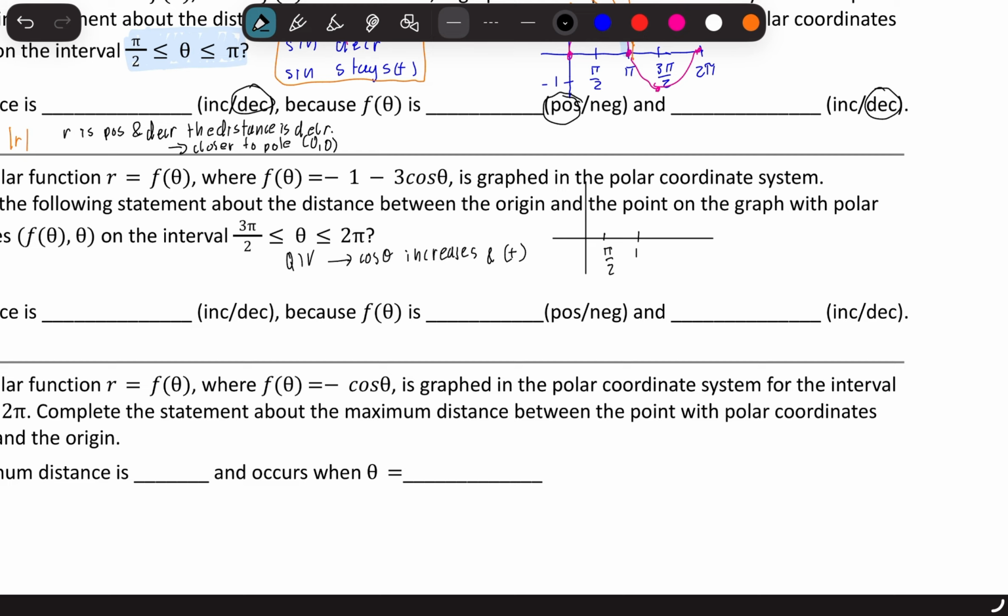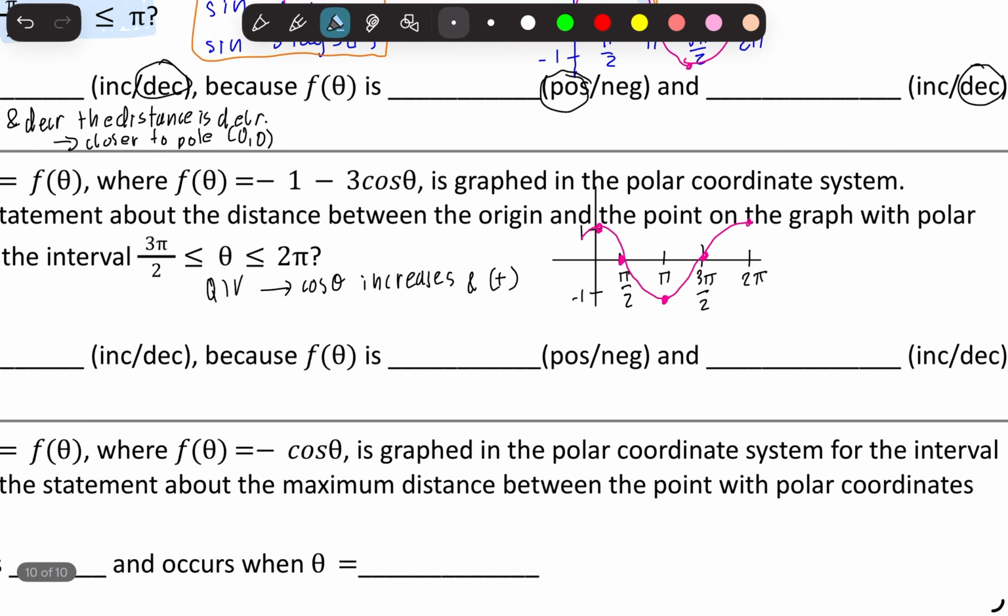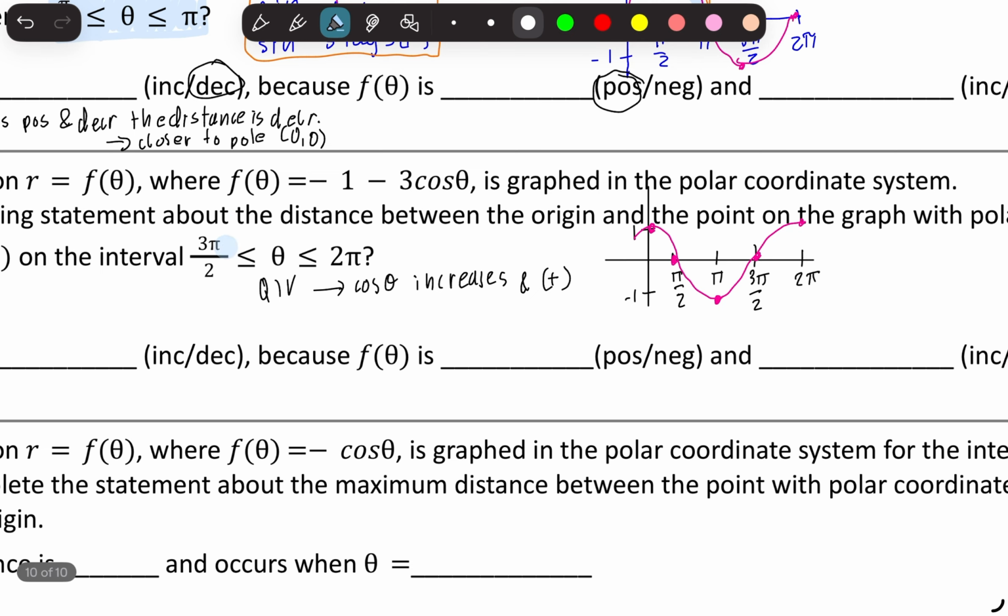If you graph that, cosine starts here, so what you have is this interval.